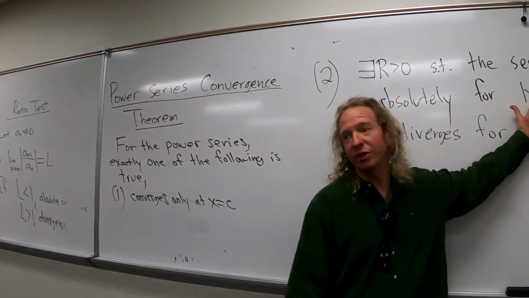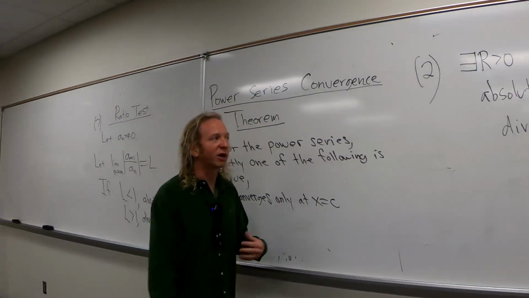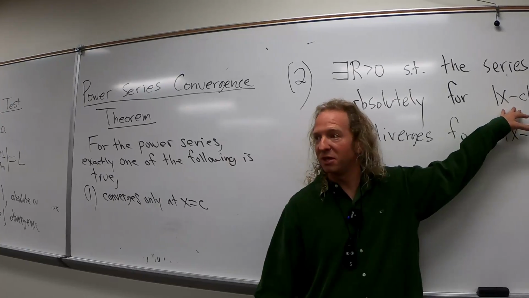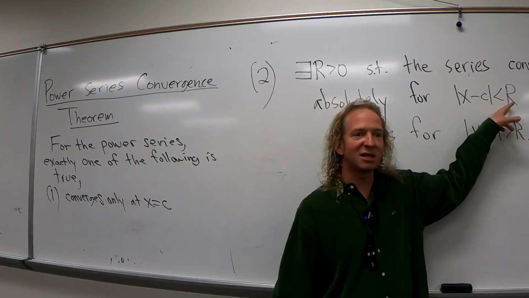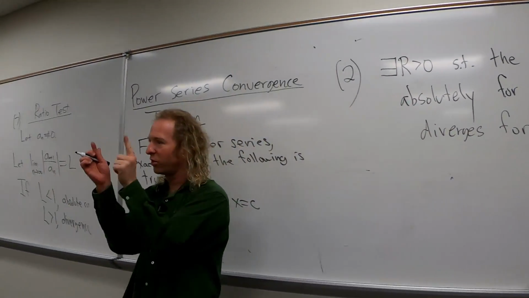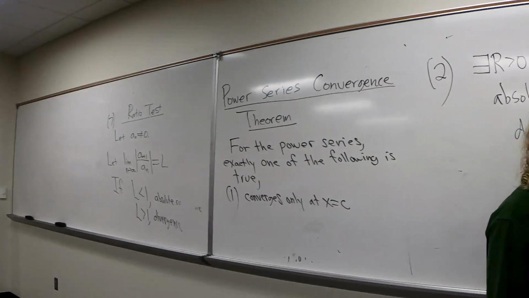This is actually an open interval, and I'm going to show you exactly why. If you ever take more calculus, in particular advanced calculus, you'll have to know exactly what this means. This might remind you of the delta epsilon definition: x minus a less than delta. That's the same thing. It's saying that x is within some interval, x is close to some number. Same thing here, x is close to c.